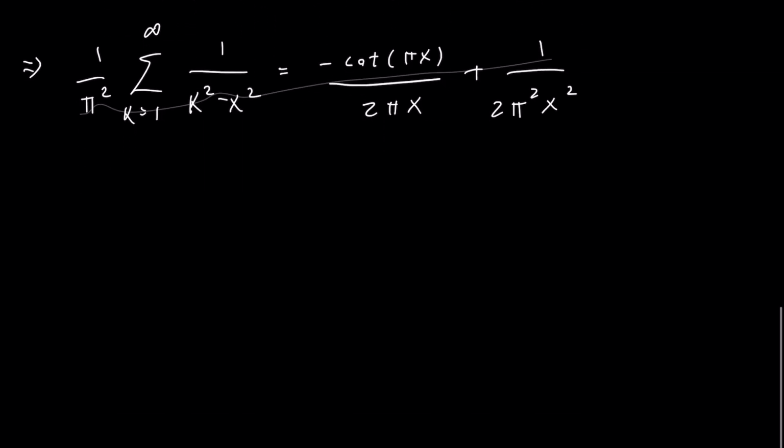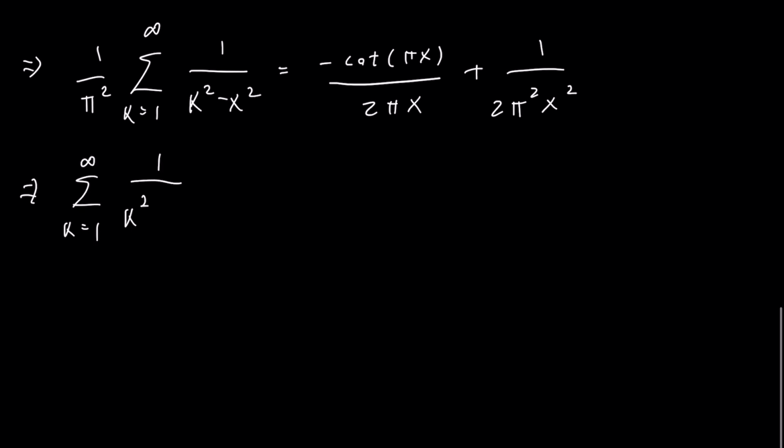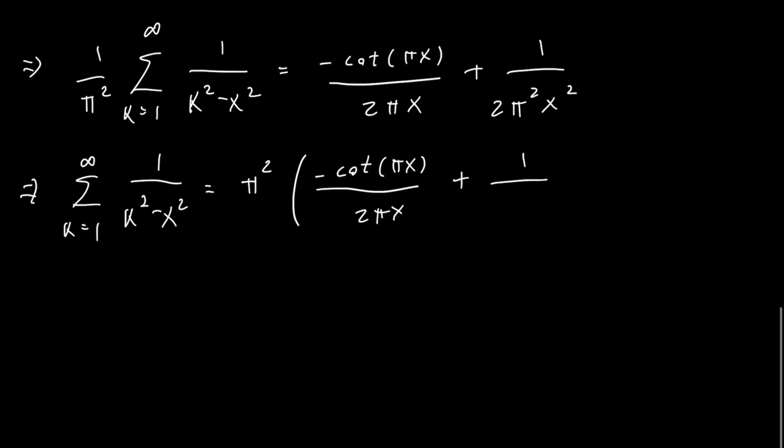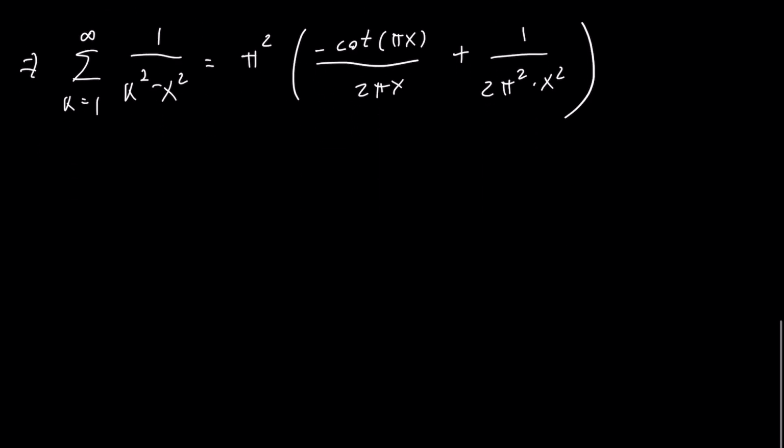And then multiplying both sides by pi squared, we have that the sum from 1 to infinity of 1 over k squared minus x squared equals pi squared times negative cotangent of pi x over 2 pi x plus 1 over 2 pi squared times x squared.